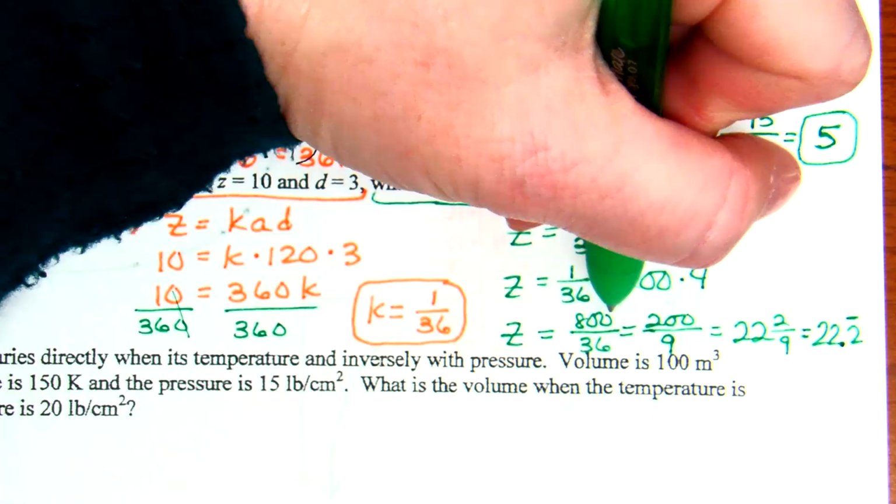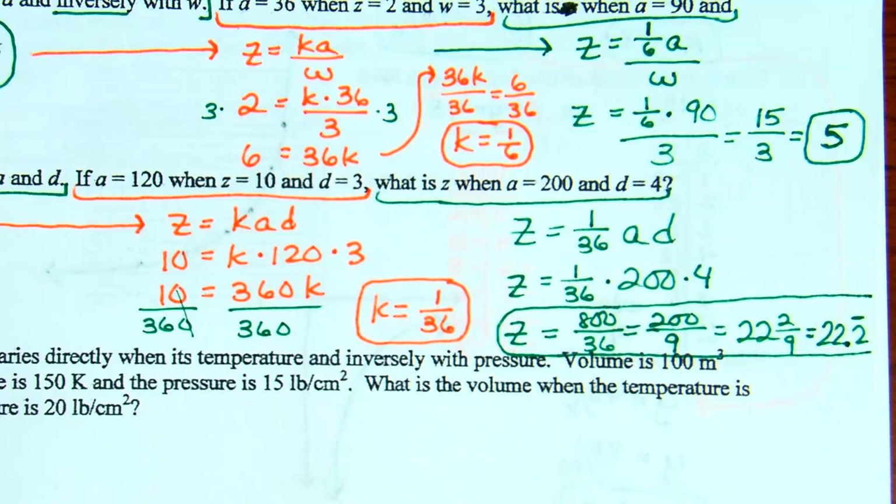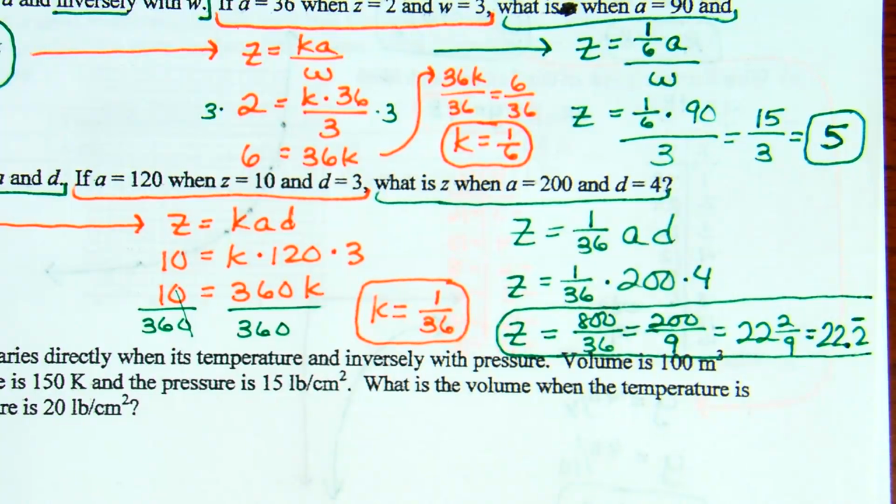Okay. Let's try C. Has anyone tried C, or did you guys all get scared of too many words and wait for me? C is the same thing we were just doing, but throwing in more words. You just have to decipher the situation. The volume of gas varies directly with its temperature, and inversely with pressure.